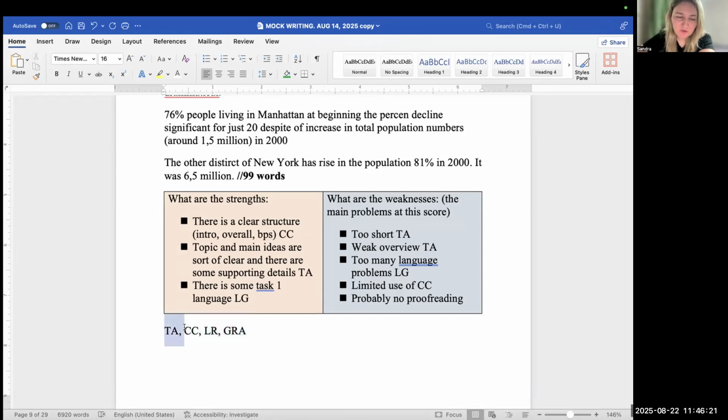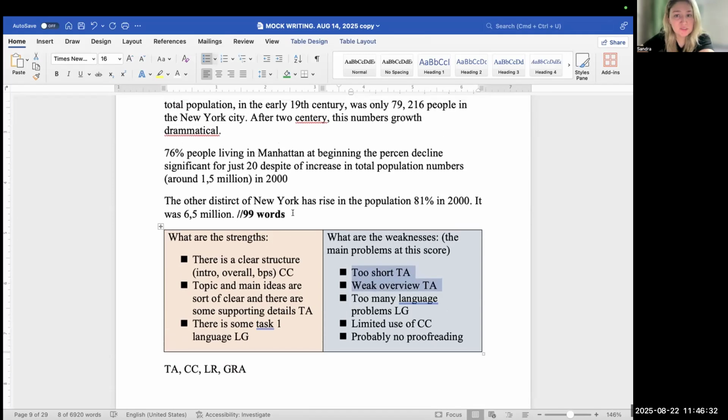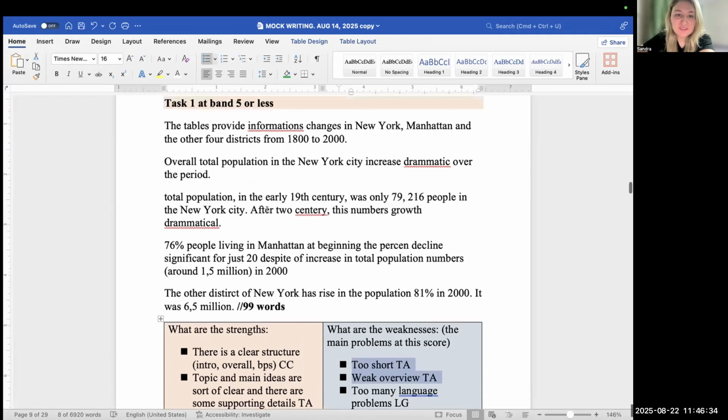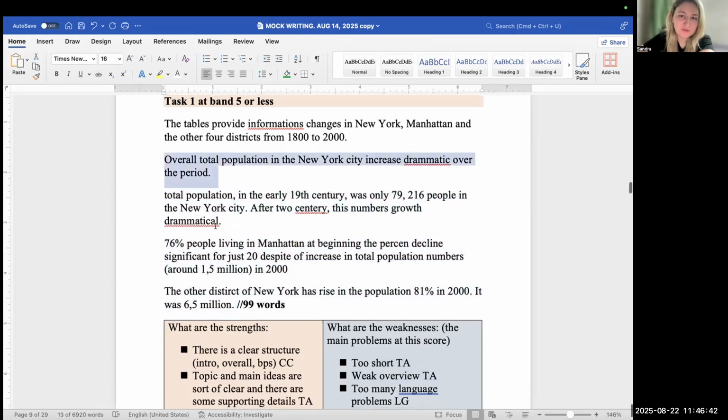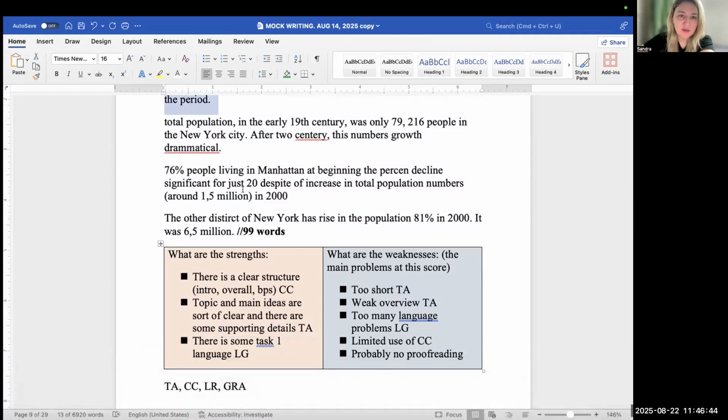What is the problem with task achievement, right? It is not having a good overview, not writing enough words, and skipping some details. I've seen some writers with no detail at all because they didn't know or they forgot, whatever; the body paragraphs have no details at all, and then the overview has details. So this is how they mess it up in task achievement.